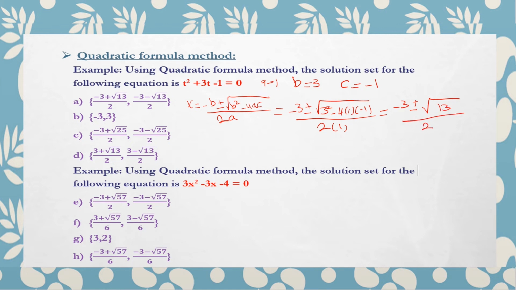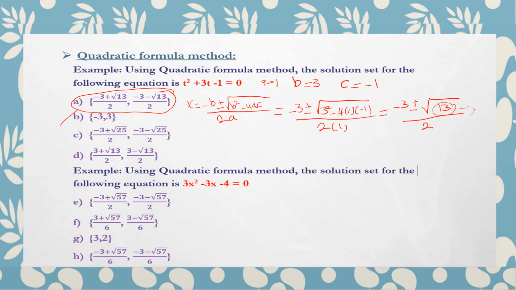And the solution set would equal minus 3 plus square root of 13 over 2 and minus 3 minus square root of 13 over 2. And the correct answer is A. And as you see here, the discriminant, or the value under the root or the radical, equals 13, which is positive, and this means that we will have two distinct real solutions, and this is true.